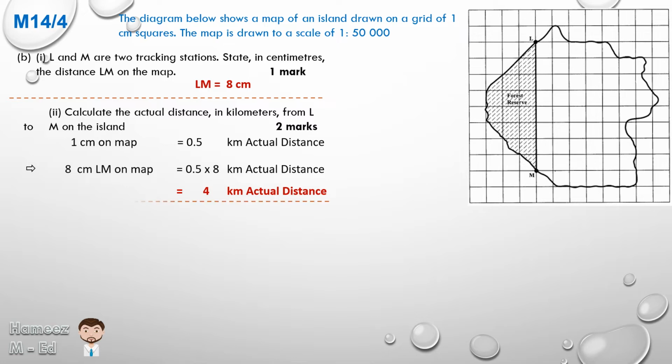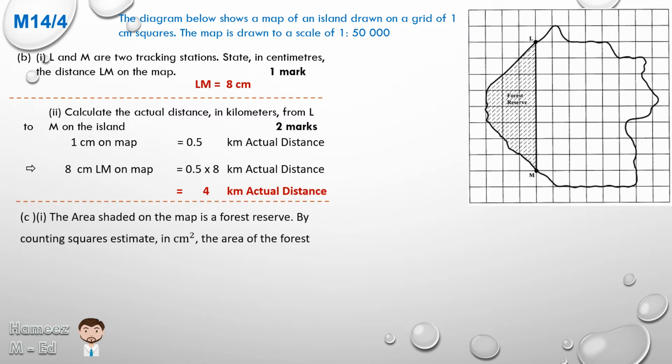Part C, part 1. The area shaded on the map is a forest reserve. By counting squares, estimate in centimeters squared the area of the forest reserve as shown on the map. Let's take a look at the map, and we can count all the squares there, and let's put some ticks on them.